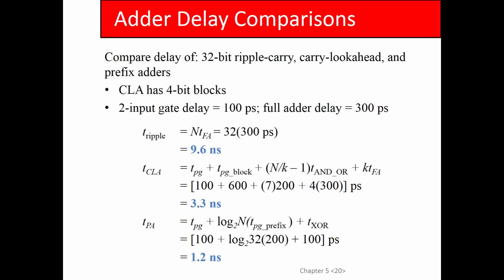Try to calculate this, see how to structure that. But the numbers they got were 9.6 nanoseconds for the ripple carry, 3.3 for the carry-lookahead, which is like a third, and then another third for the prefix. So the prefix adder is lightning fast for an adder, right?